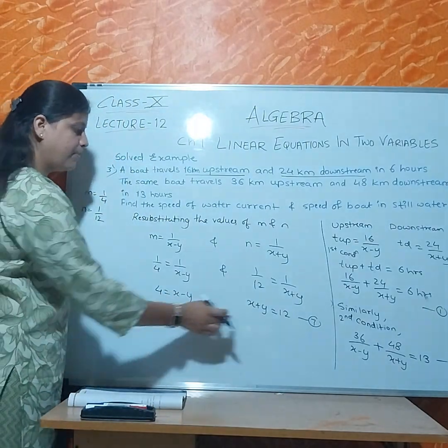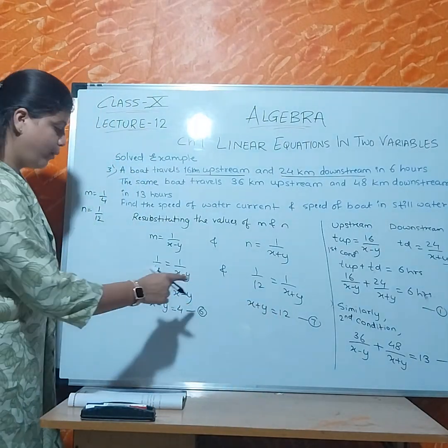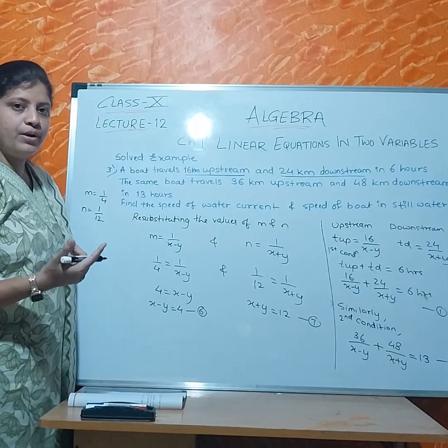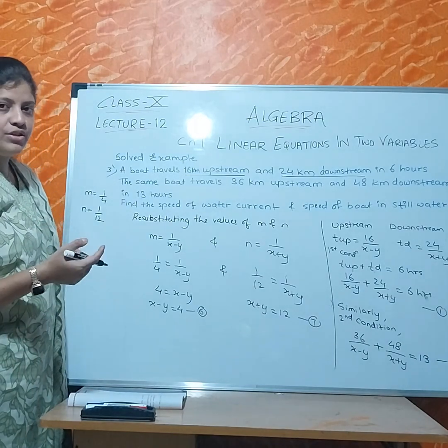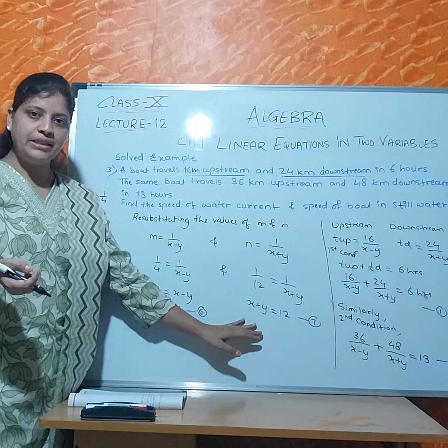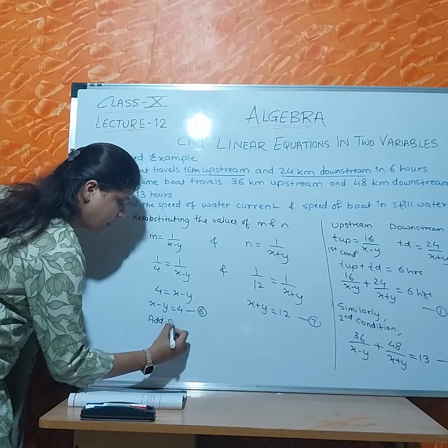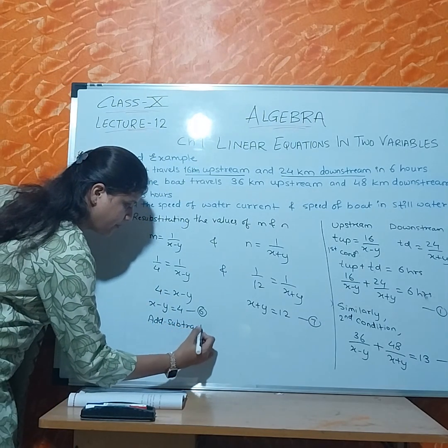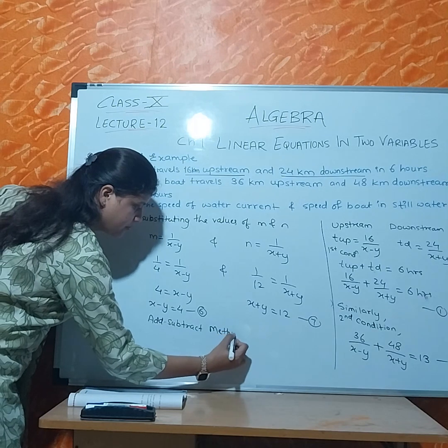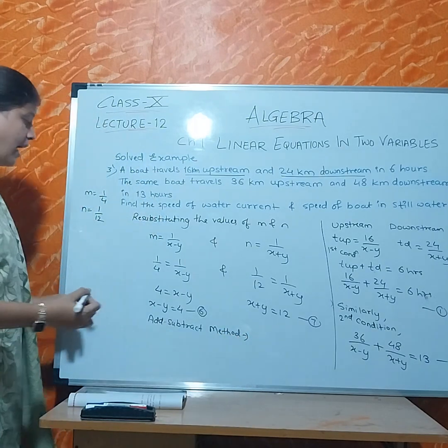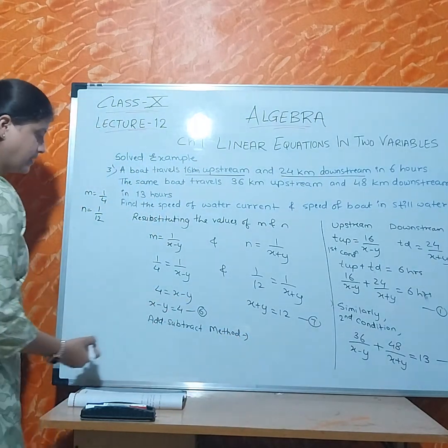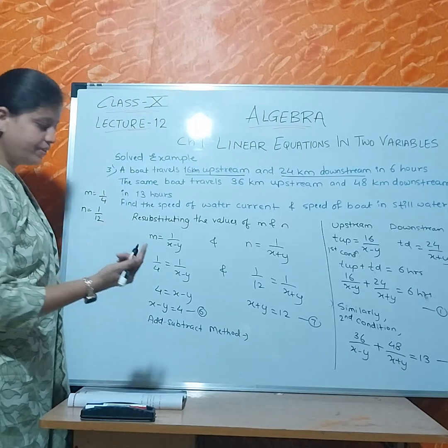Now, as in equation number 6 and equation number 7 both the variables have the same coefficient, we will solve directly by the add subtract method. Adding equation number 6 and 7. First we will add both of the equations.